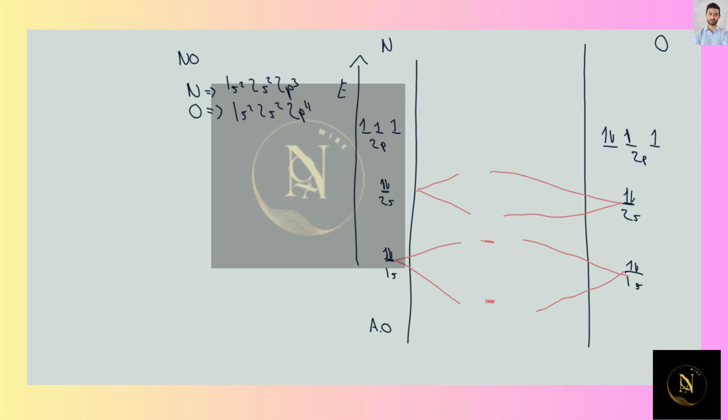I'm going to put them here and here. These orbitals are called sigma 1s, sigma star 1s. Next up, we're going to have sigma 2s, sigma star 2s. Remember, whenever you generate a molecular orbital, you're going to have a bonding and an anti-bonding orbital corresponding to that.